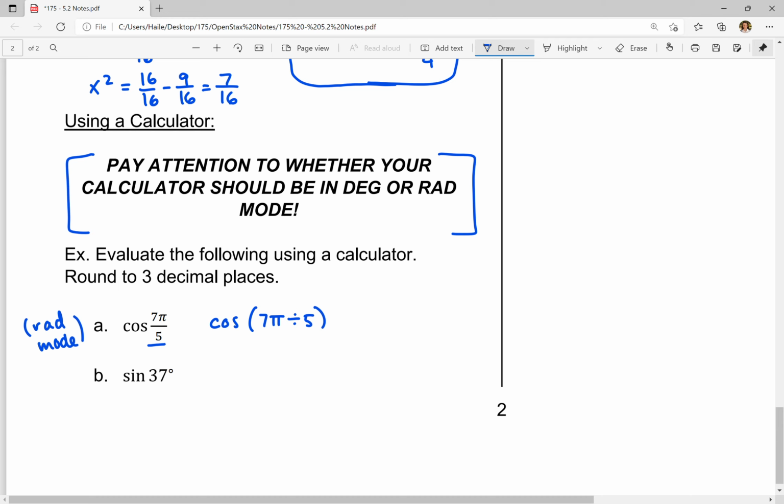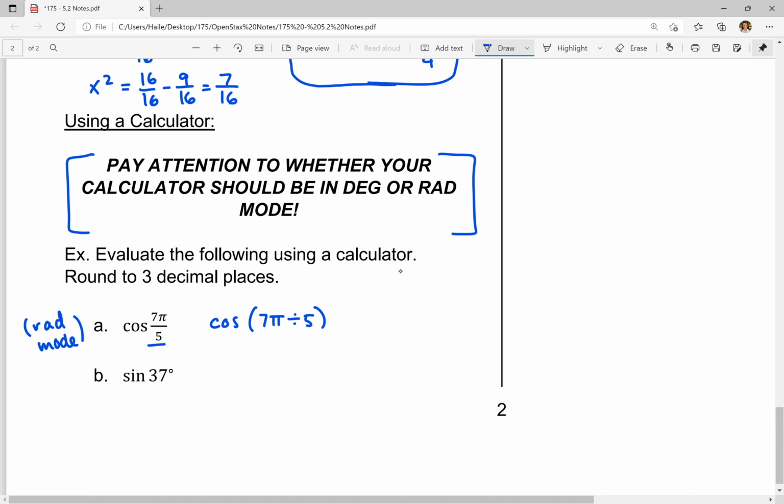That's what it should look like. Depending on your calculator, you may have to type the fraction first and then hit cosine. So get familiar with how your specific calculator works. But with most of them you can type cosine first and then the fraction.